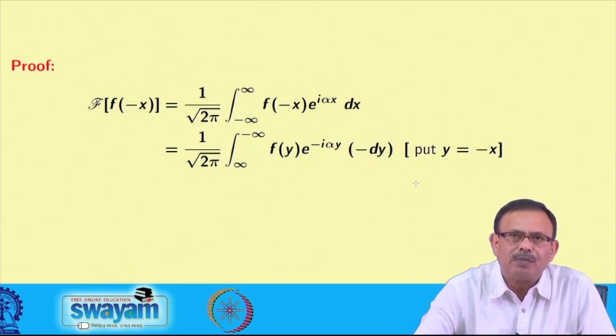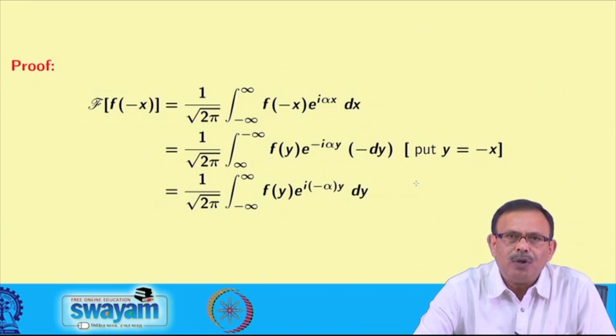Substitute y equals minus x, so that your limit now changes to infinity to minus infinity, f of y e power minus i alpha y into minus dy. This minus sign I can absorb by interchanging the limits. So, I can write 1 by root 2 pi, integral from minus infinity to infinity, f of y into e power i into minus alpha into y dy, which is nothing but capital F of minus alpha. So, this completes the proof of the first part.